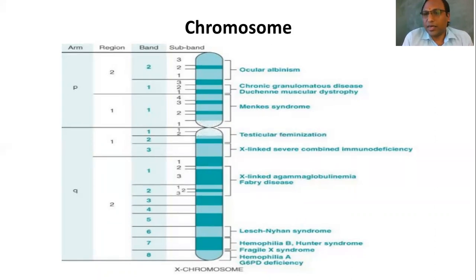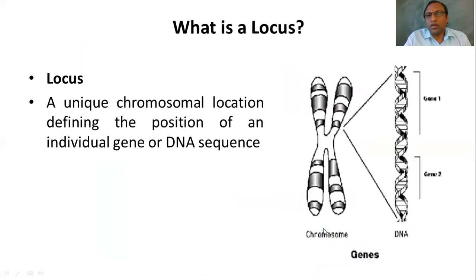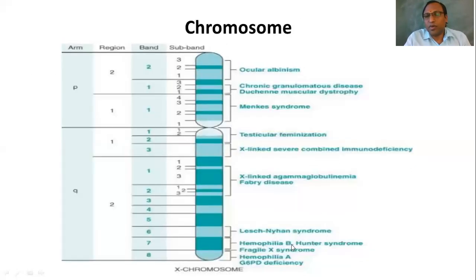Like ocular albinism, then chronic granulomatous disease, Duchenne muscular dystrophy, Meckel syndrome, testicular feminization, X-linked severe combined immunodeficiency, X-linked agammaglobulinemia, Fabry disease, Lesch-Nyhan syndrome, hemophilia B, Hunter syndrome, Fragile X syndrome, hemophilia A, then G6PD deficiency.